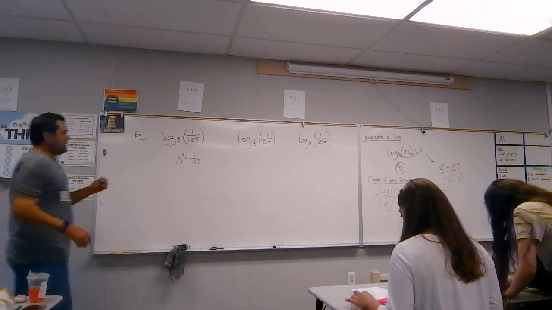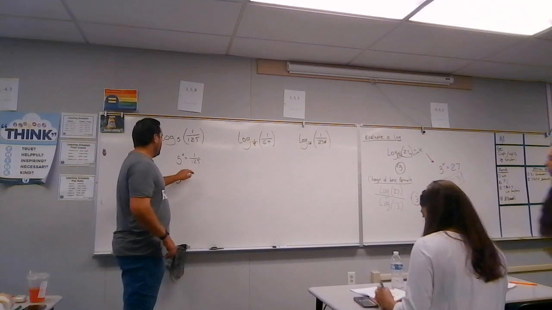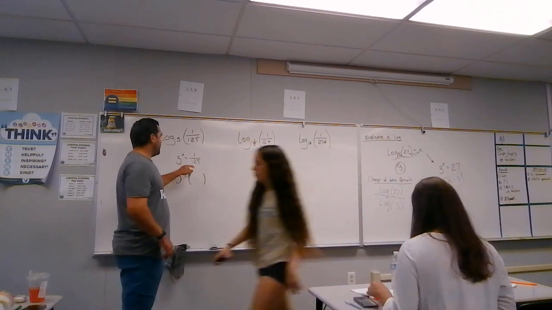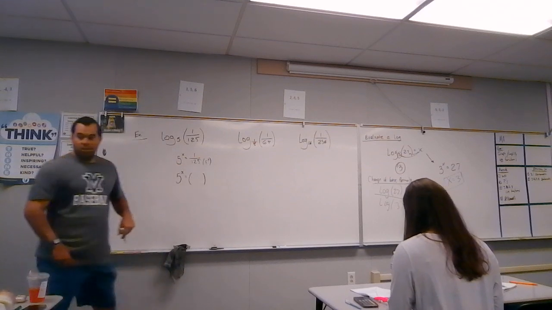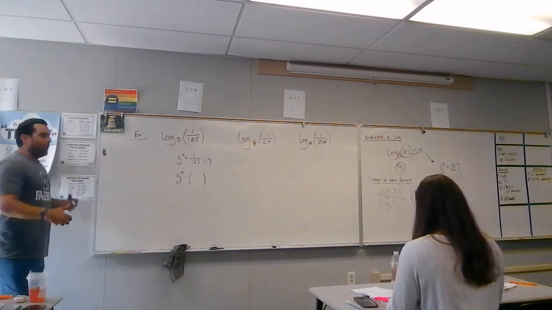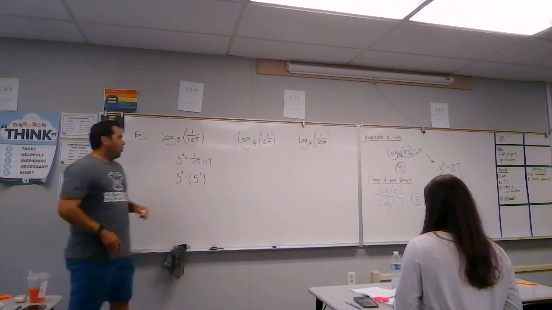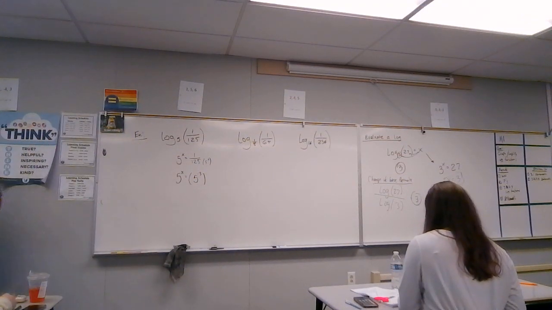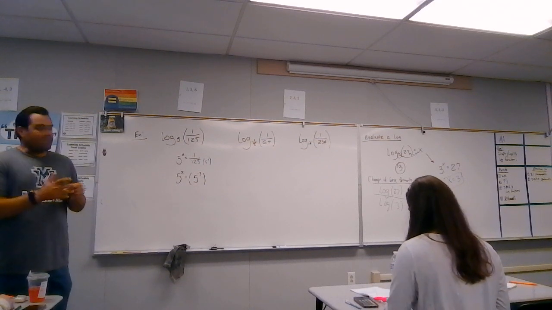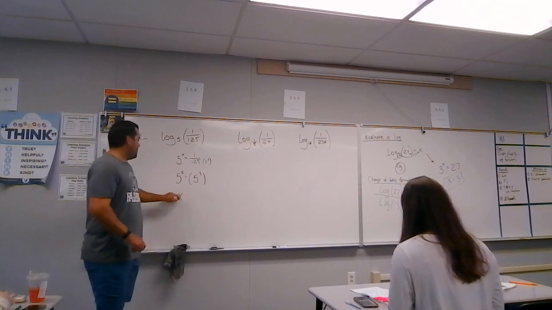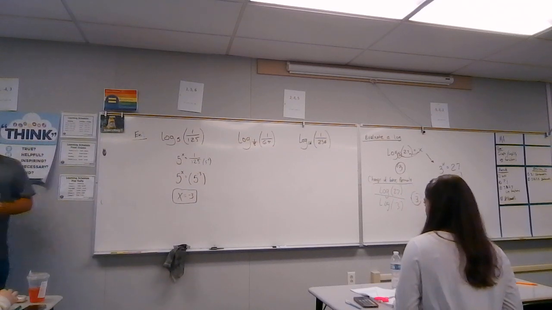If you can't think about that right away, what you would hopefully realize is that 125 is 5 to the 3rd. So if I wanted to do the same base, 1 over 125 would be 5 to the negative 3 power. Once the bases are the same, you set the exponents equal to each other and you're done.